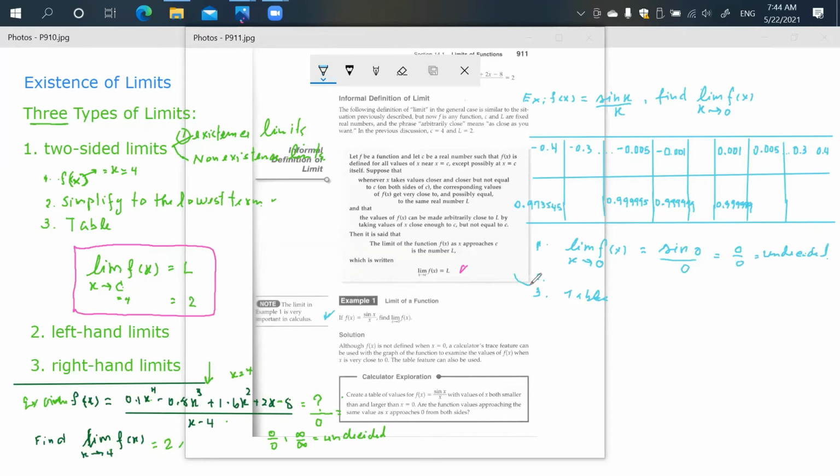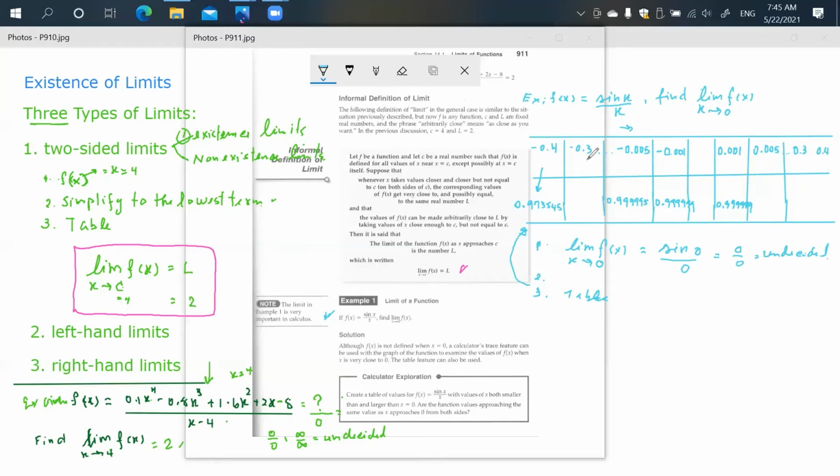Okay, the table you can see here. I wrote it down here already. So use the idea of the limit as x approaches 0 from the left, right? From this one, you may start with negative 0.4 and replace x in there. It becomes sine negative 0.4 over negative 0.4, and then you get the value of y, which is 0.97545 something.